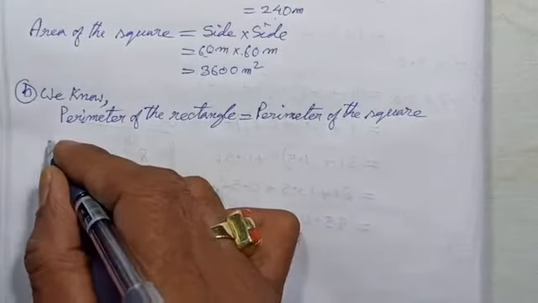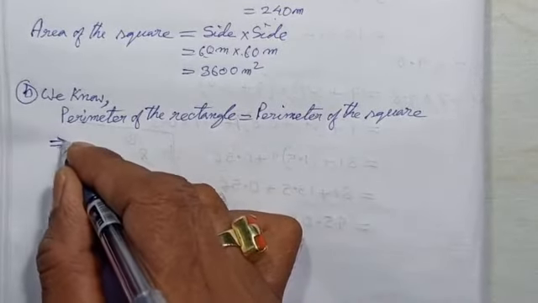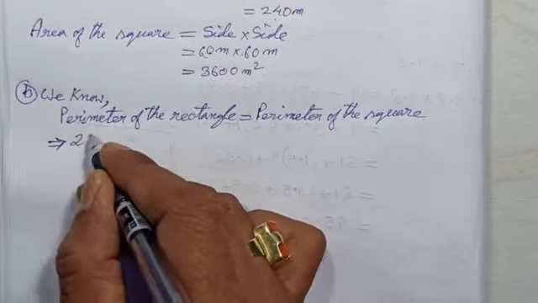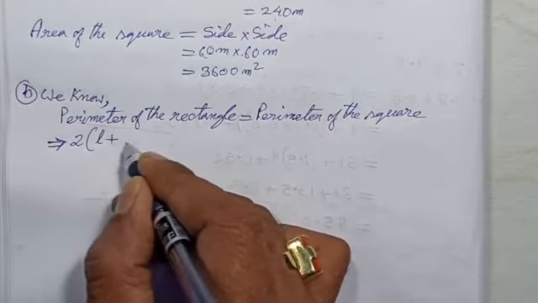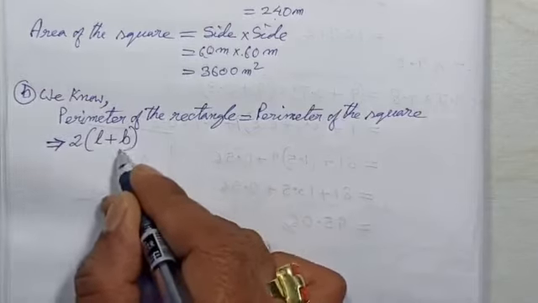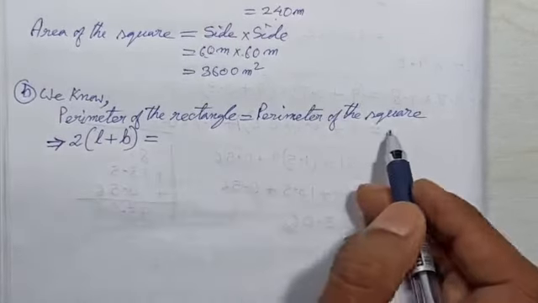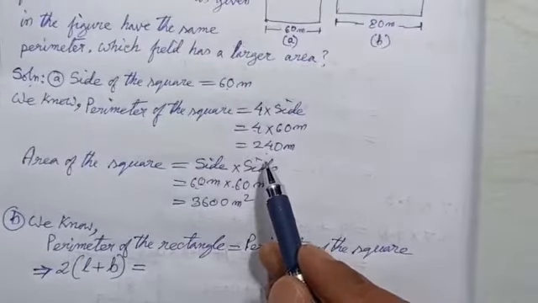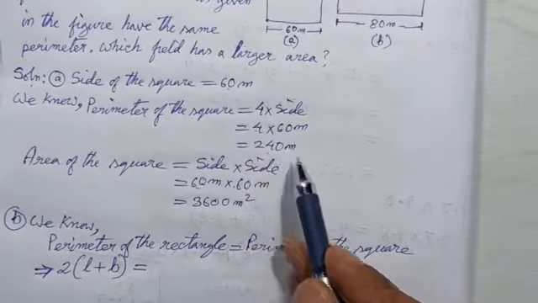This implies that the formula to find the perimeter of a rectangle is 2 times (L plus B), where L is length and B is breadth. The perimeter of the square we found here is 240 meter.